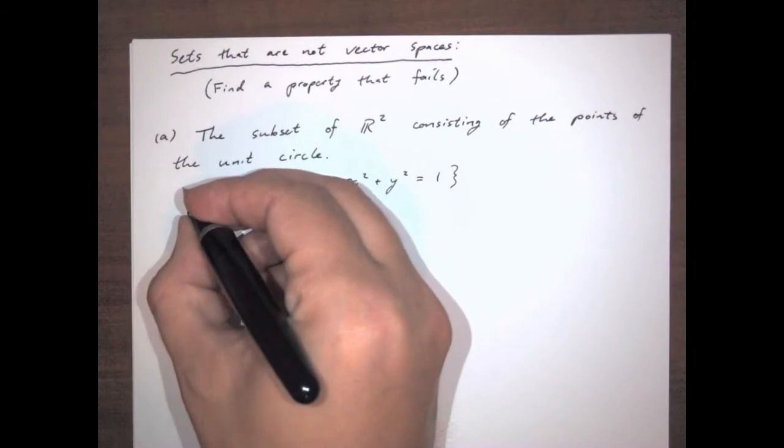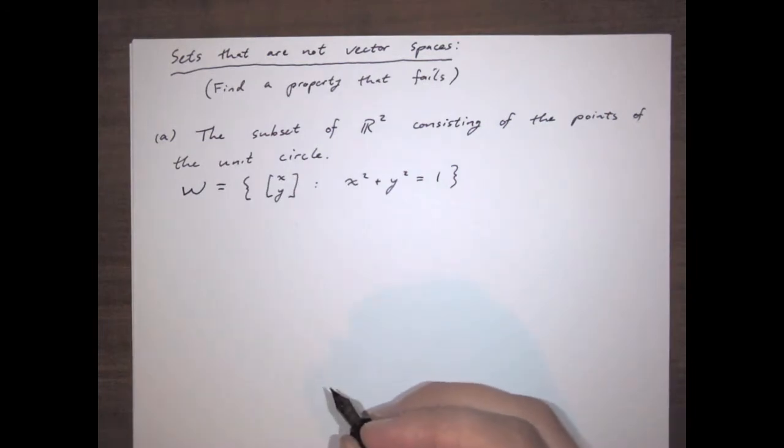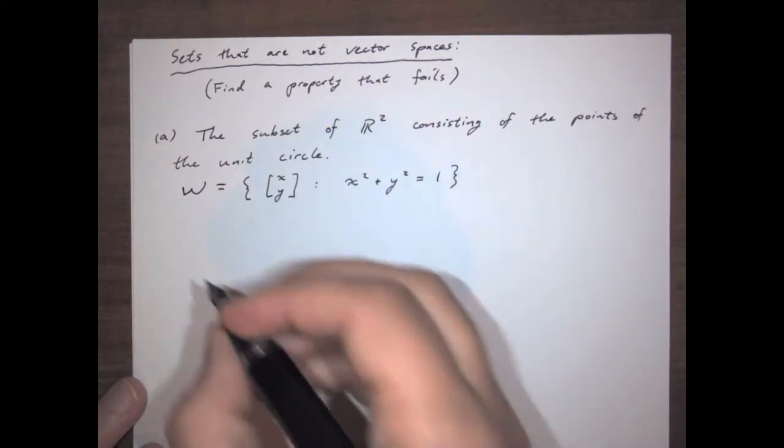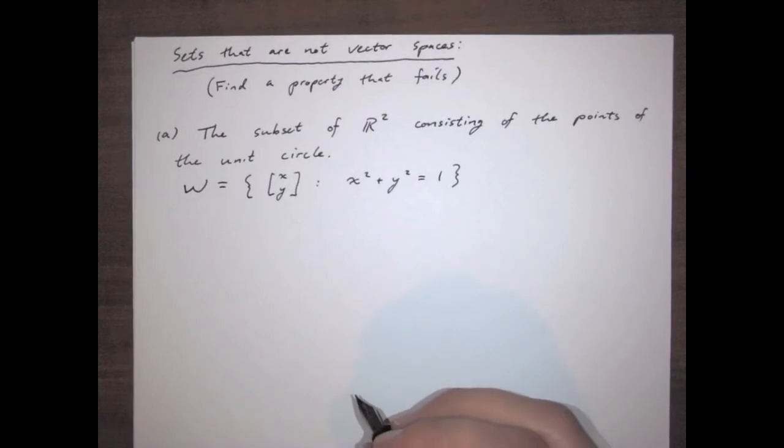So we'll call this W. W will be a generic name. We'll use capital W, capital V, things like that. We use W when it's more doubtful because V carries with it some baggage, assuming that it sort of is a vector space.